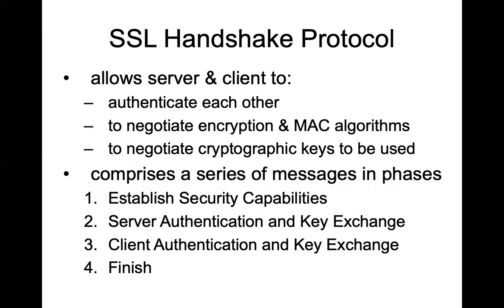So we do assume that Alice and Bob have a mechanism and public keys that allow the server and the client to authenticate each other. I'm going to be referring to server and client, Alice and Bob. So they must authenticate each other first, in the sense of knowing each other's public key.